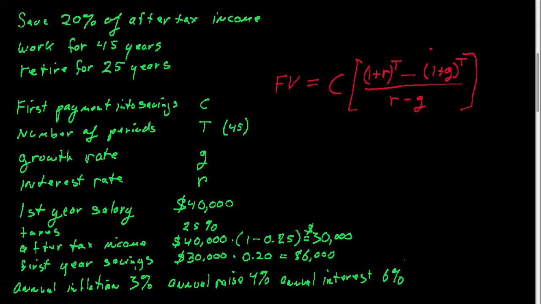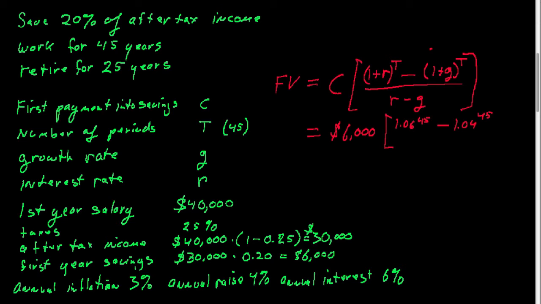We solve for the future value of a growing annuity. The future value of your retirement savings equals your first annual savings of $6,000 times 1 plus the interest rate of 6% raised to the 45th power, because you'll be saving for 45 years, minus 1 plus the growth rate of 4% raised to the 45th power, and that's because your salary is growing 4% a year, and thus the amount you save every year is growing 4%.